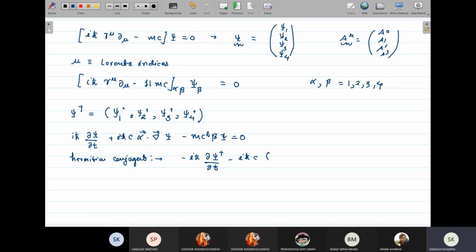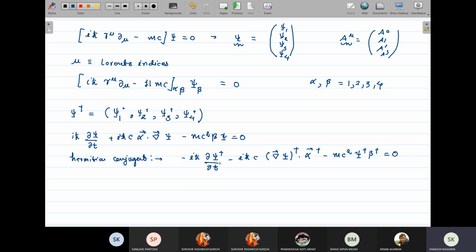So this will be gradient of psi dagger dotted with alpha dagger, minus mc square psi dagger beta dagger, psi dagger beta equal to 0.